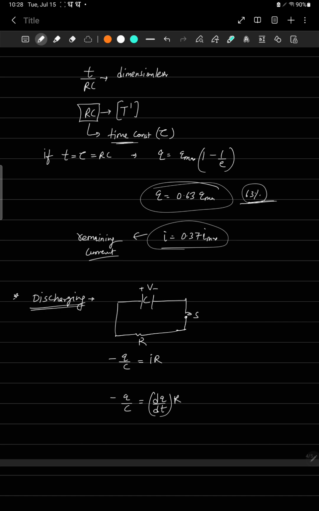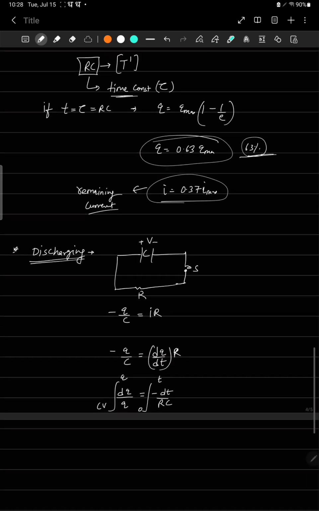I just gave you a hint here. You start from here: dq by q is equal to minus dt by RC. You integrate, at t equal to 0 the charge is maximum, capital Q, q max, CV you write, and at t equal to t the charge is q.